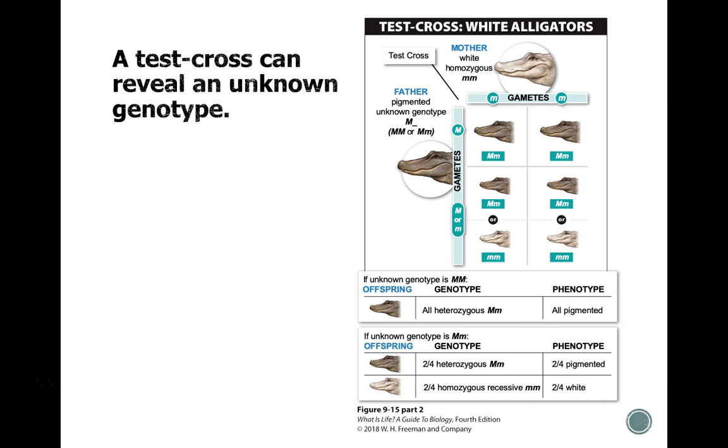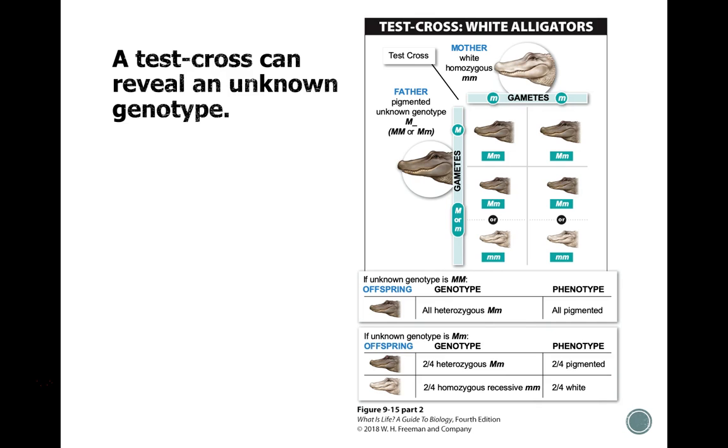So a test cross is a systematic way to reveal an unknown genotype. What you would do is borrow, air quotes again, a homozygous albino individual. In this case, let's say we get a homozygous female from another population.